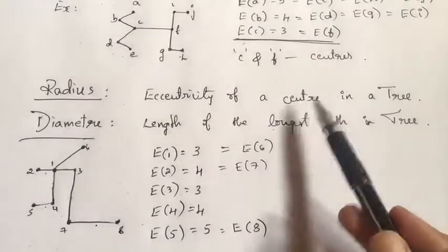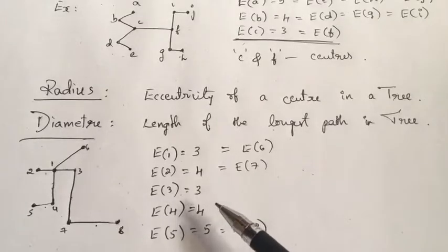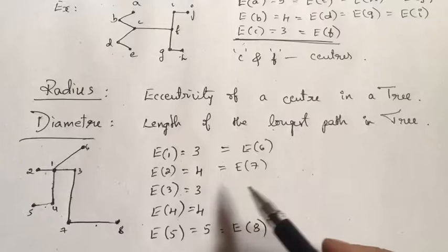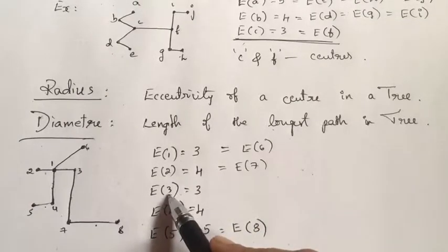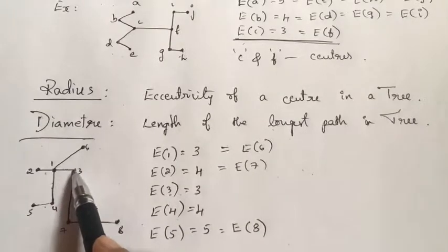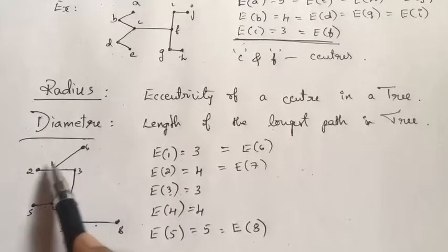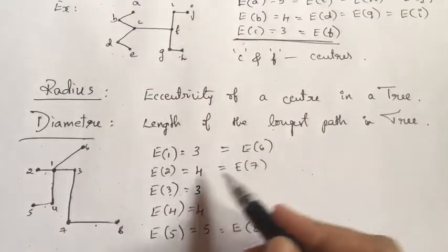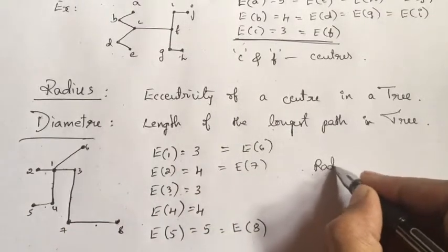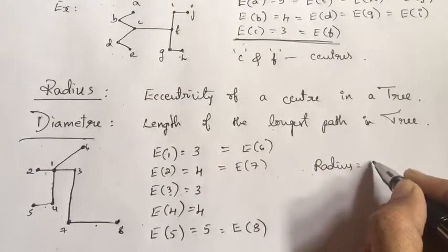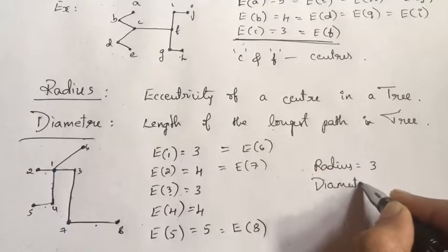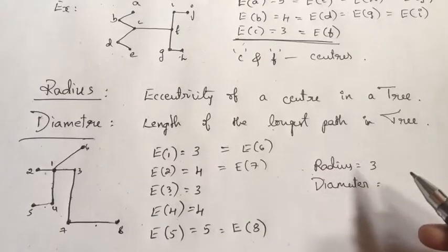So what is the center here? Center is a vertex with minimum eccentricity. The vertices with minimum eccentricity are vertex 1 and vertex 3. So the center is this, and the eccentricity of the center is nothing but the radius. So radius is 3, and diameter is nothing but the length of the longest path.